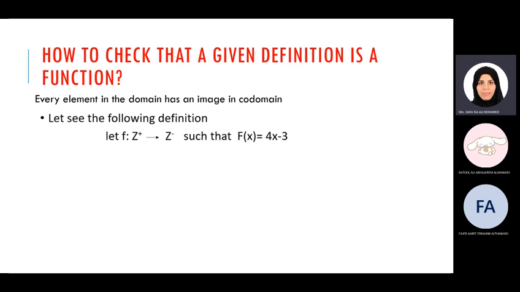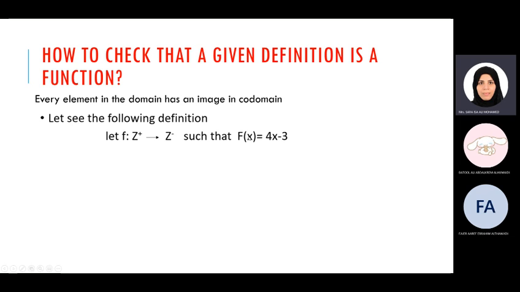If I test every element in the domain here, I will get an image. The image of f(1) is 1. The image of f(2) is 8 minus 3, which is 5. So every element in the domain has an image. Now I will check: does this image belong to the codomain or not?